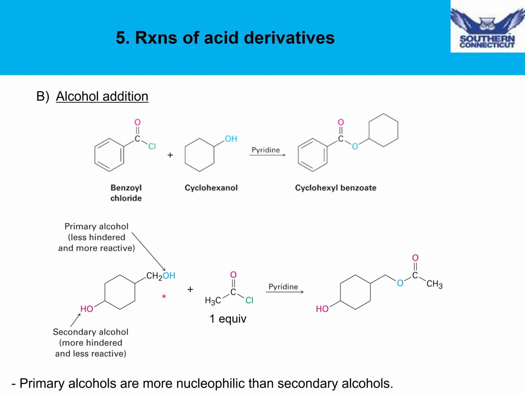So as this example illustrates, we form an ester from the primary alcohol, and notice the secondary alcohol doesn't react. Now, if we use enough acid chloride, the secondary alcohol will become an ester as well.